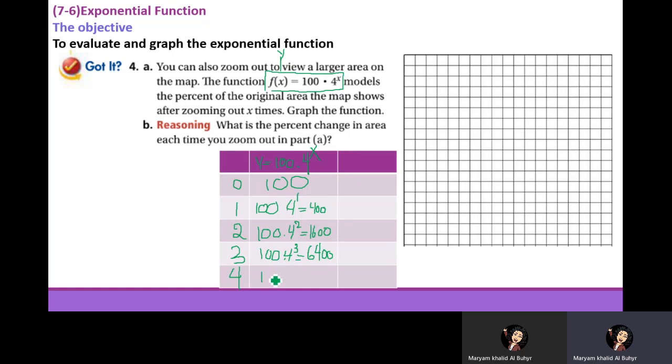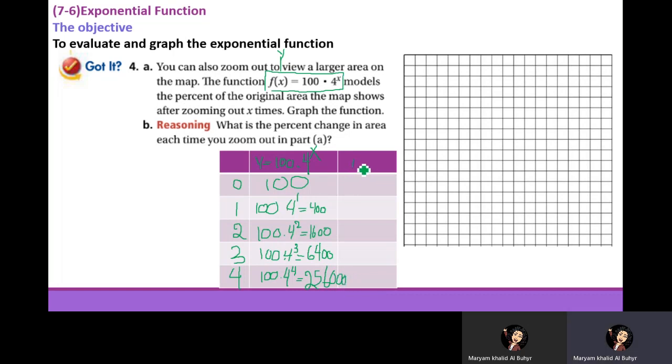For this reason, I'm not going to sketch this one. I will write for you only the value. Times 4 to the power 4, that will give you 256, so 256,000.